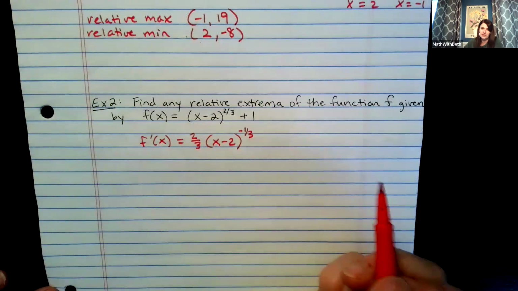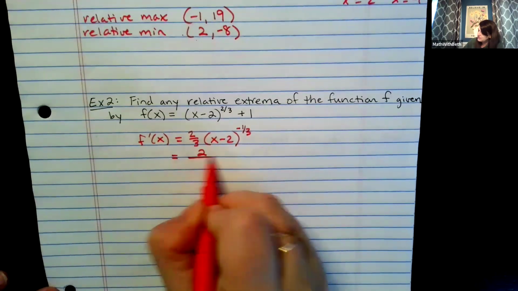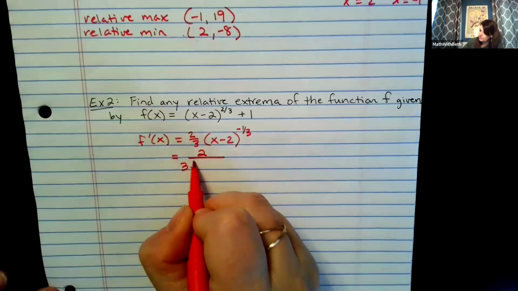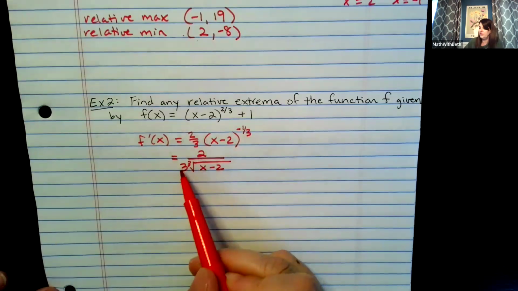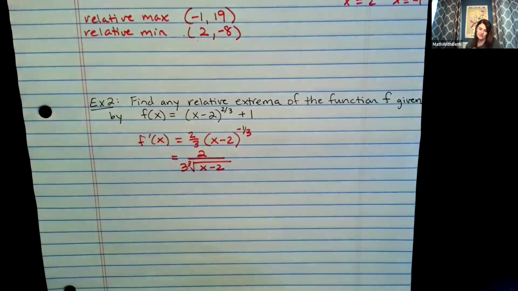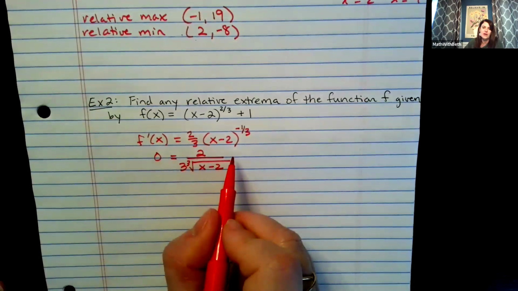So this is my derivative, but keep in mind that that really means this, right? 2/3, and then this really means the third root on the bottom of the fraction. So in this case, if I set it equal to 0, I get no answers from the top.